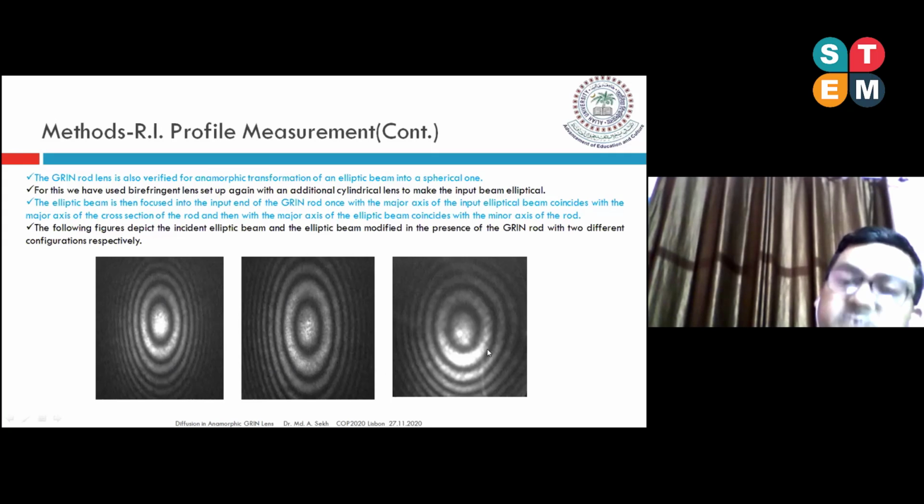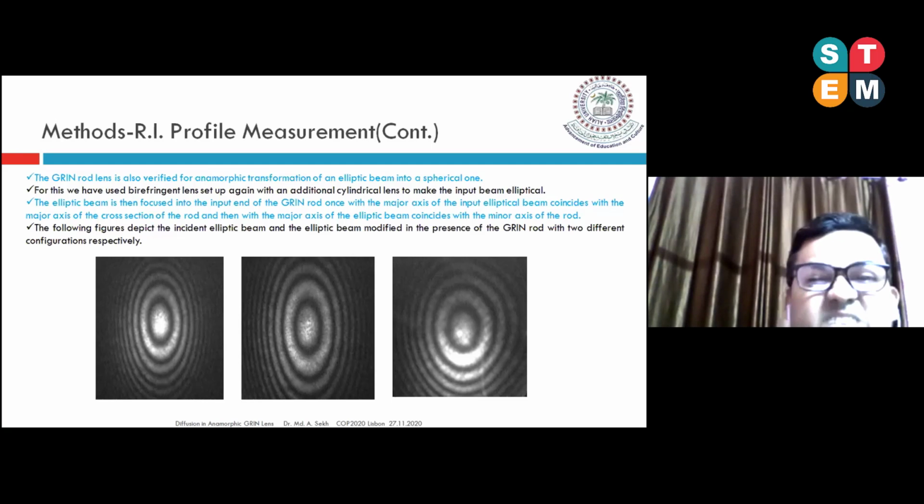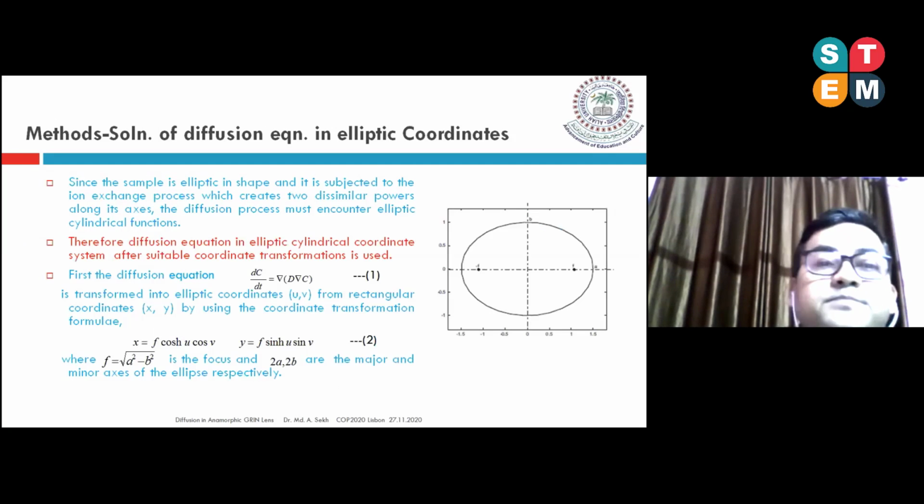But when it is given in the cross direction, it is reduced. That means circularity is generated by it. So qualitatively, in this way we have verified that our sample has produced an elliptical type of refractive index profile, which can give focal length, and it has the ability to make an elliptical beam into a circular one.